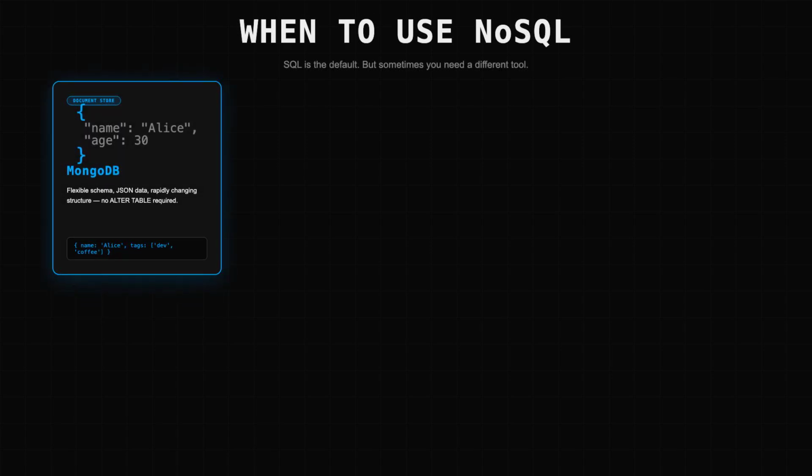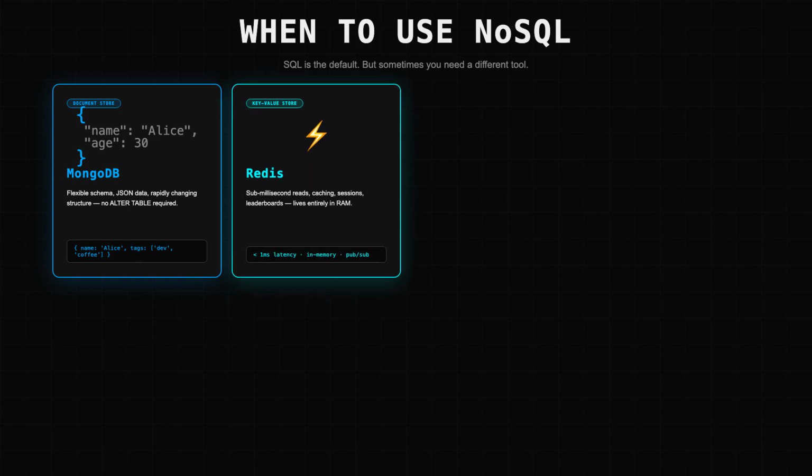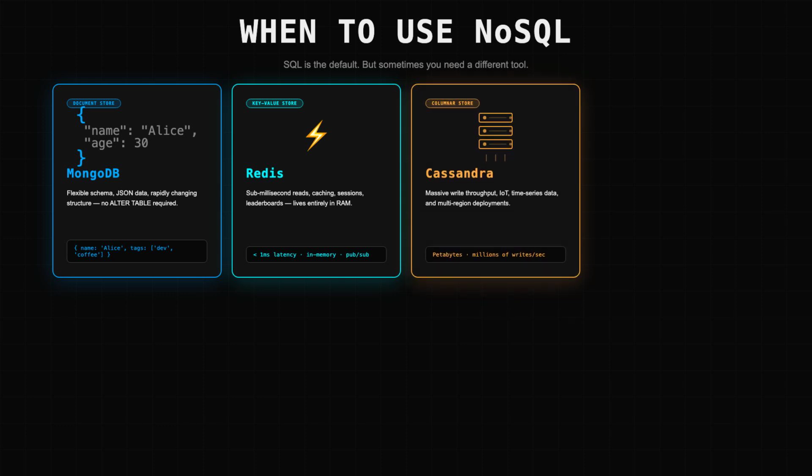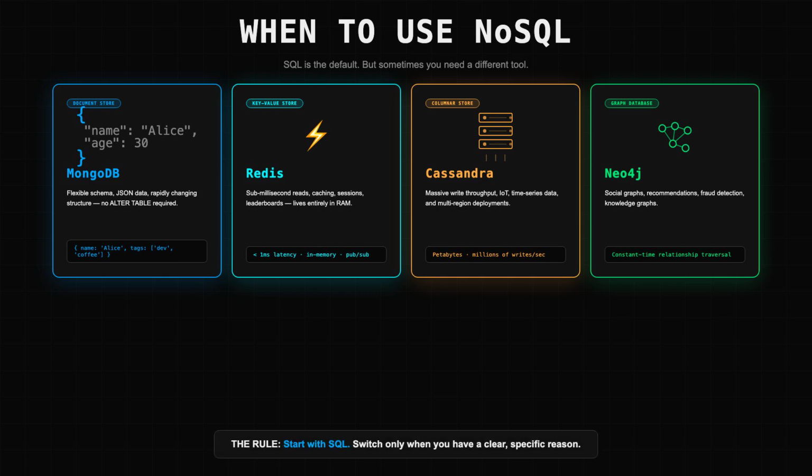Relational databases are not always the right tool. When your data has no fixed schema or changes shape constantly, a document store like MongoDB lets you store JSON documents directly. When you need sub-millisecond key lookups at massive scale, a key-value store like Redis keeps everything in memory. When your data is highly connected, social graphs, recommendation engines, a graph database like Neo4j traverses relationships in constant time.